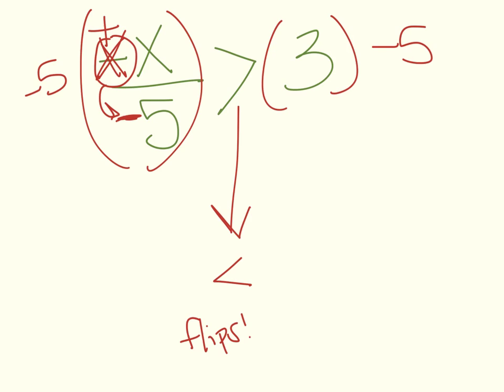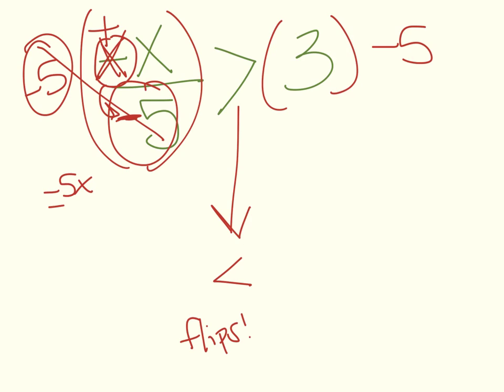Okay? Because I multiplied by a negative number. This negative 5 and this negative 5 cancel out. Negative 5 goes into negative 5 one time, so you're just left with x. Negative 5 times 3 is negative 15.